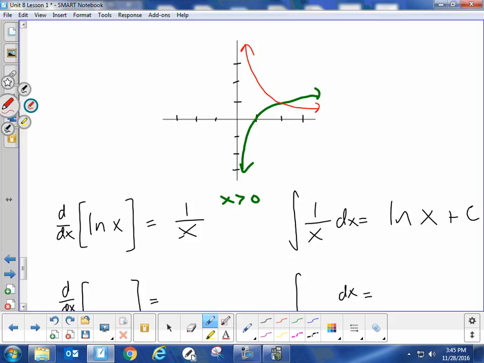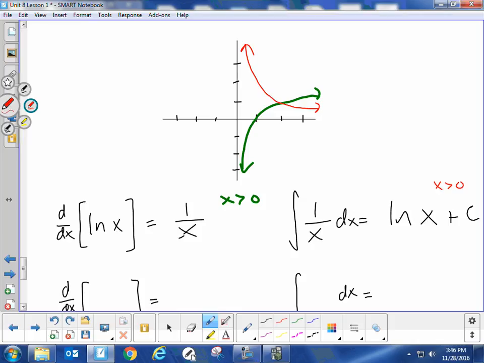Okay. So yes, this is true. The antiderivative of 1 over x is log x, but just for x greater than 0, if I just look at the natural log of x. Log does not exist to the left of 0. So I can't say this is true for all x's.